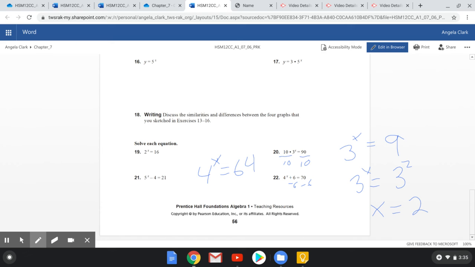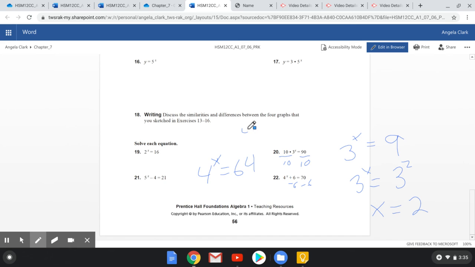4 times 4 is 16. 16 times 4 is 64. So I've multiplied 4 three times.